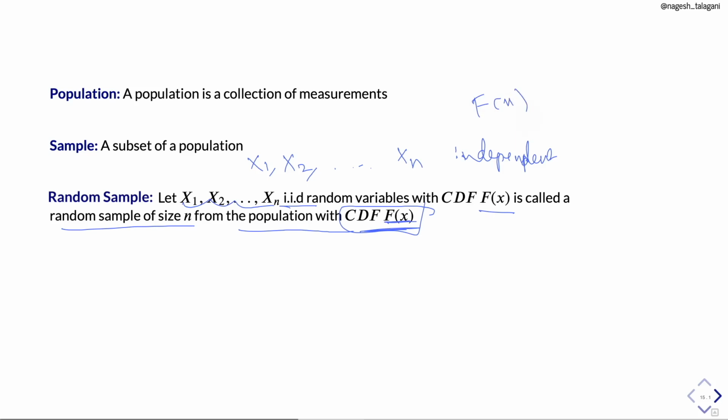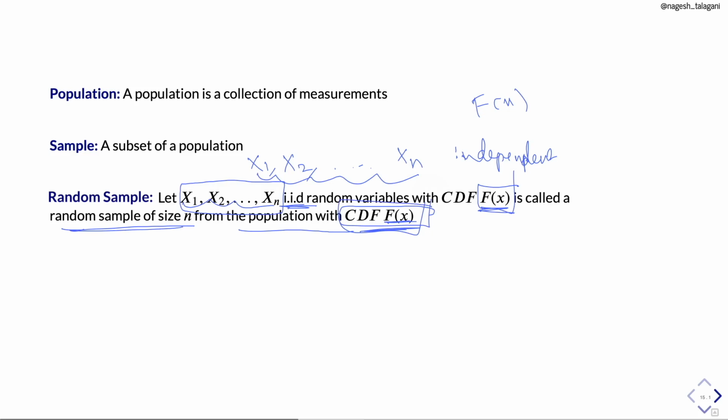That's why these X1, X2, Xn are going to be IID random variables having the CDF of capital Fx. That's why this collection of n IID random variables having the CDF of capital Fx is called a random sample of size n that comes from the population having the CDF of capital Fx.